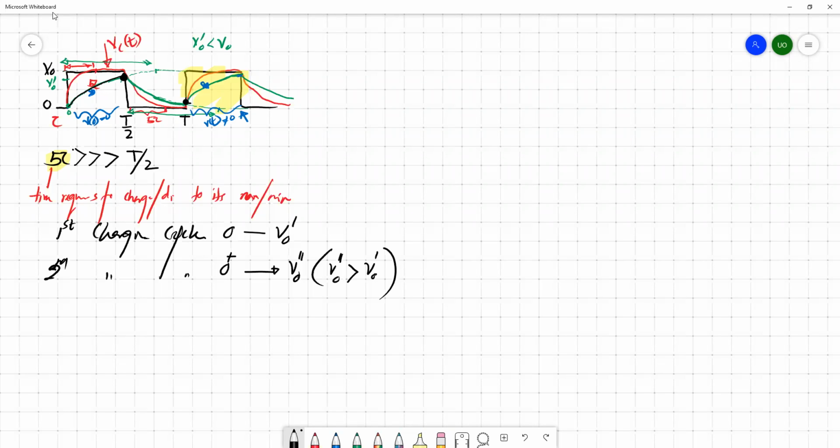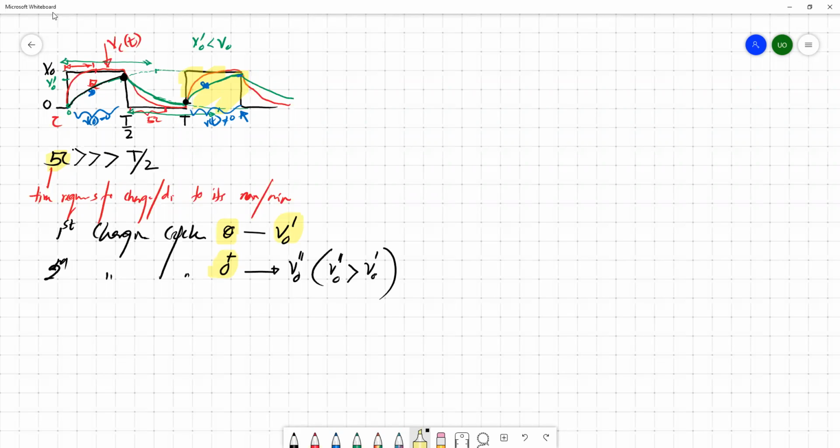Why? For the first charging process, the capacitor charges from 0 to V naught dash. The second charging process does not start at 0, it starts at a value slightly above 0.